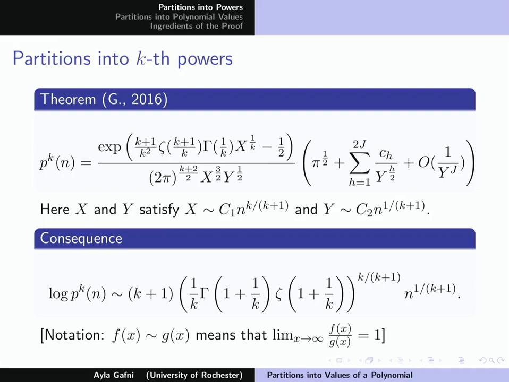So for the partition function, Rademacher wrote the partition function as a convergent series. Is it possible to give a convergent series for Pk? I don't know. I've looked at it a little bit. I've written it in a way that it looks like you could, if you could figure out what these coefficients are. These coefficients are actually computable, but not easily.